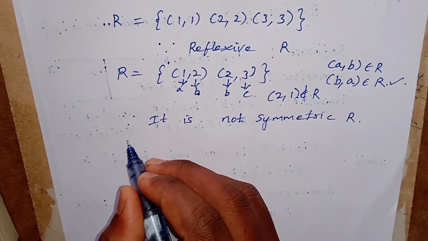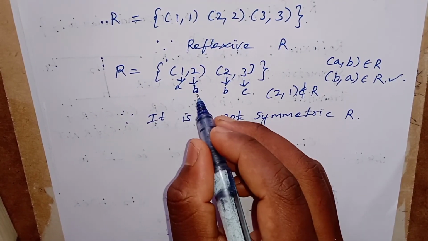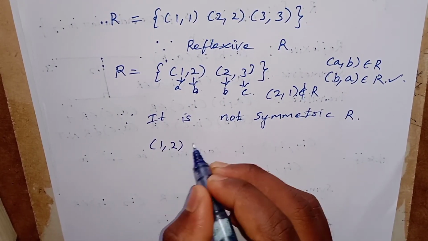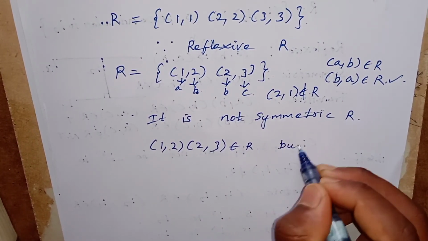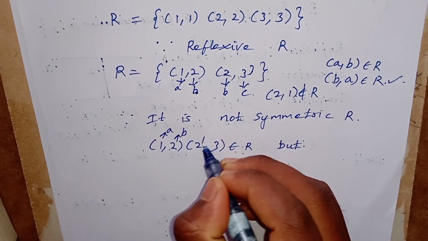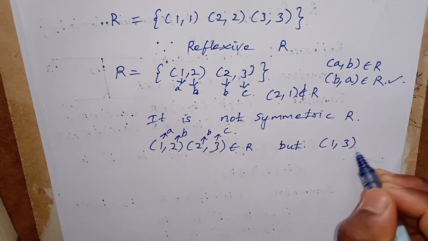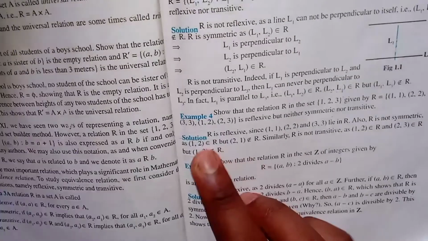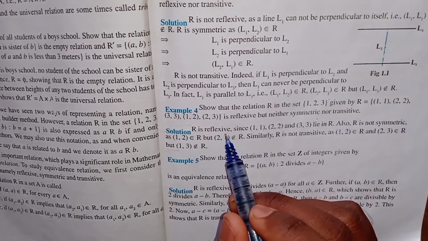Next, for checking transitive: for transitive, (a, b) and (b, c) are present. You have to write (1,2), (2,3) belongs to R. But for (a, c), a is nothing but 1, therefore (1,3) does not belong to R. See here, (1,3) is not present in this relation.